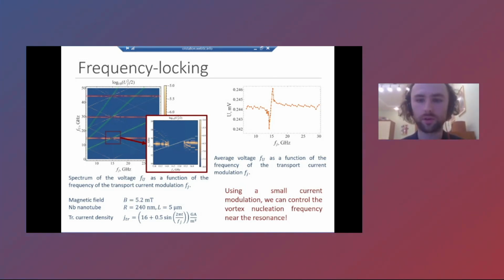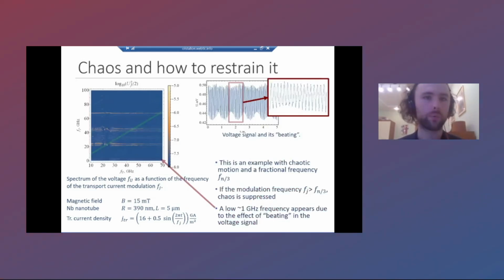So using a small current modulation, we can control the vortex nucleation frequency near the resonance. Also, it is very interesting to restrain or to suppress chaotic behavior in the vortex motion with a small modulation.